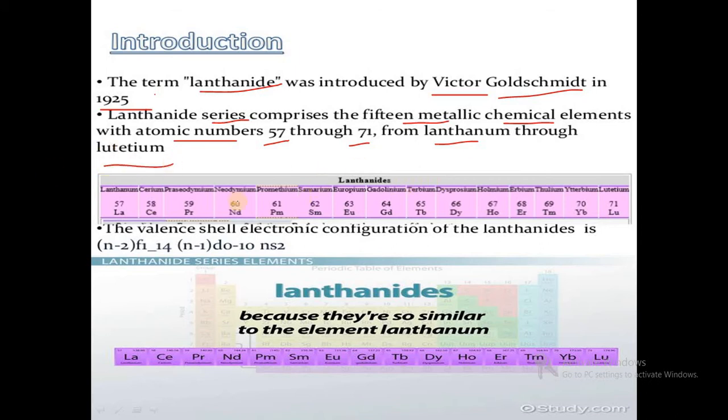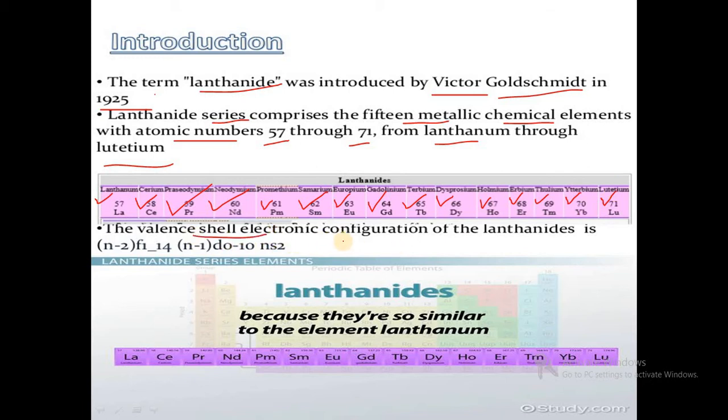So in the case of lanthanides, the 15 elements: first one is lanthanum, then cerium, praseodymium, neodymium, promethium, samarium, europium, gadolinium, terbium, dysprosium, holmium, erbium, thulium, ytterbium, and the last one lutetium.